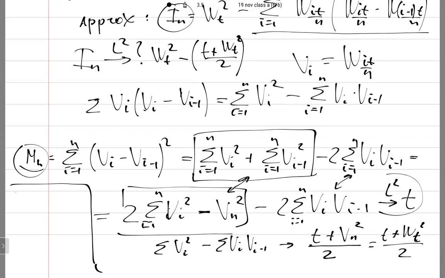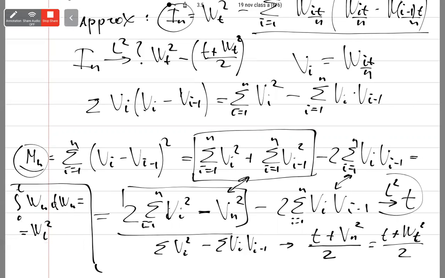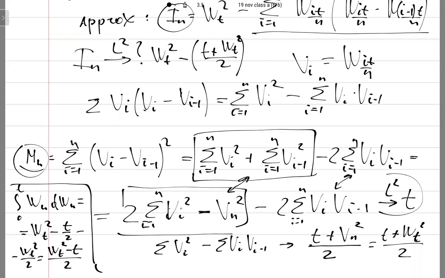By the final, our goal is achieved. We have calculated that the integral from 0 to t of Wu dWu is just Wt squared minus t over 2 minus Wt squared over 2, and it's Wt squared minus t divided by 2. So that's our final answer.